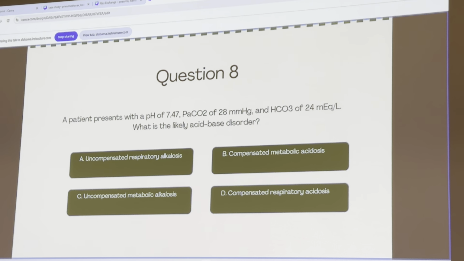All right. So based off of this alone, what do we have? Respiratory alkalosis, right? pH too high, CO2 too low. Now, has my body had any time to change my bicarb level? No. So it's not trying to compensate for that pH being too high. So again, uncompensated respiratory alkalosis, A.